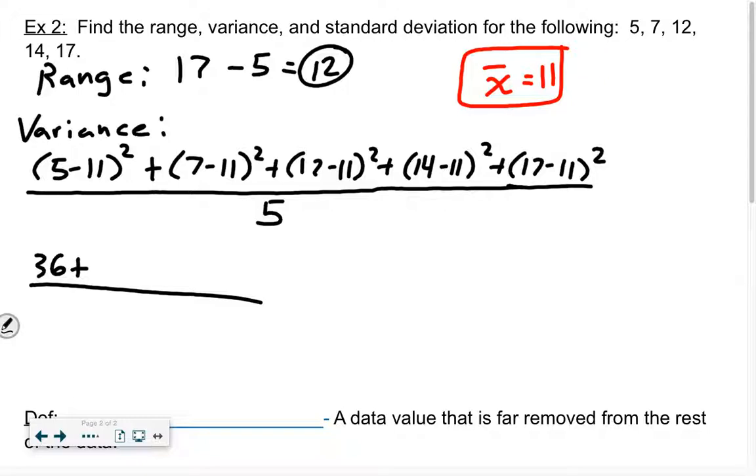The difference between 7 and 11 is 4, and 4 squared is 16. The difference between 12 and 11 is 1, and 1 squared is 1. 14 minus 11 is 3, so 9. 36 again.